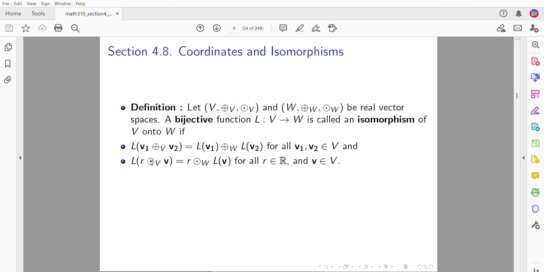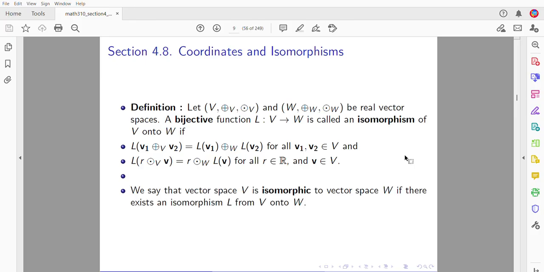So to be an isomorphism, you need three things. Your L must be bijective. Second, it must respect vector addition. Third, it must respect scalar multiplication.